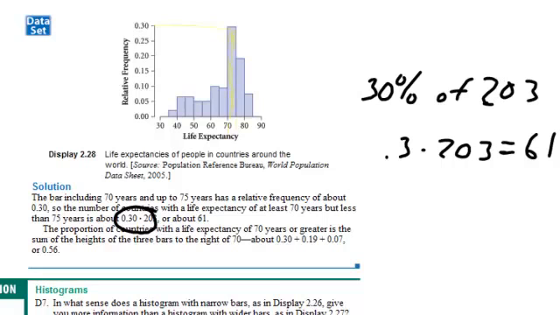Now, there were a couple. The next one says, what proportion of countries have a life expectancy of 70 years or more? So now, here's the 70 years. Now they want everything to the right. All right? So we have the first bar, which we already said was 30%. Then the second bar here, we have to include that. That looks like 20% to me.